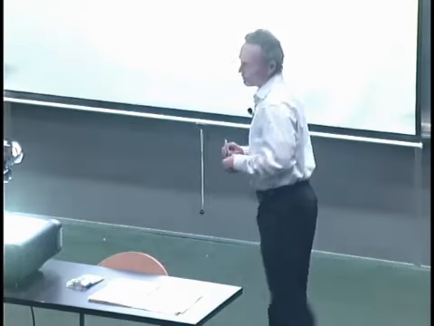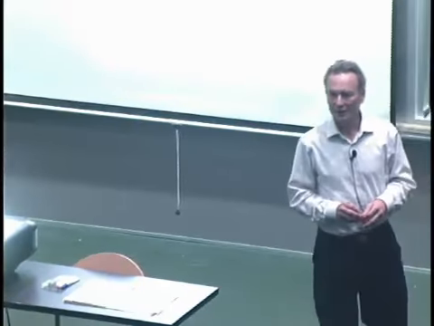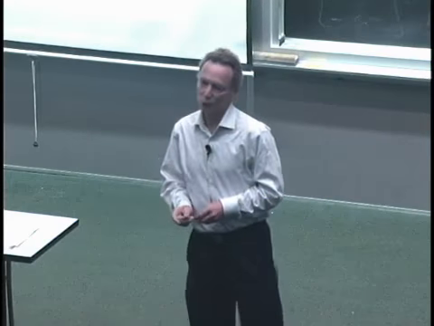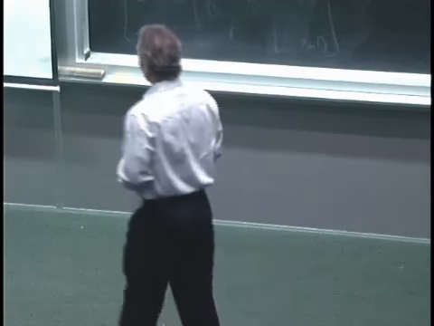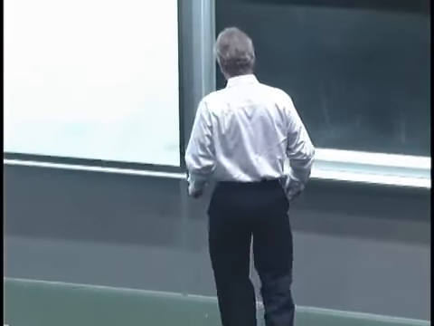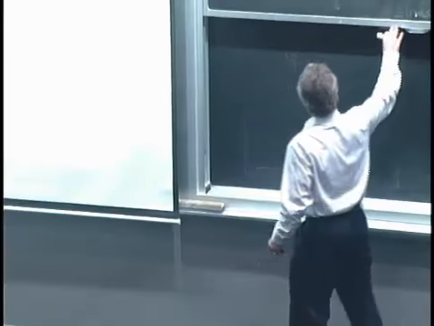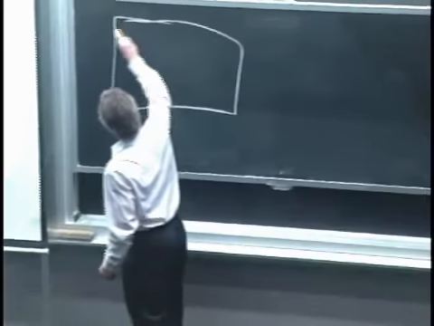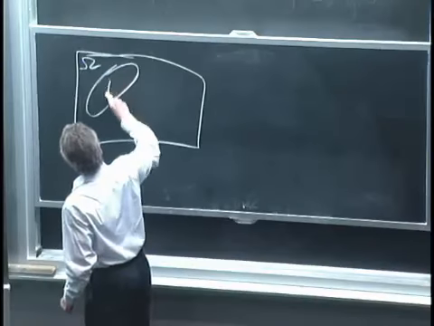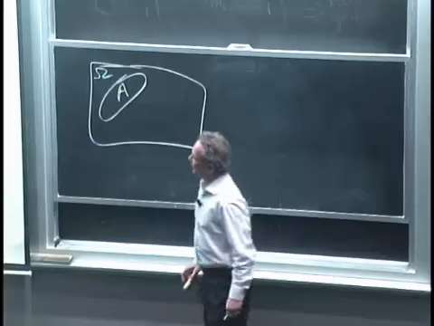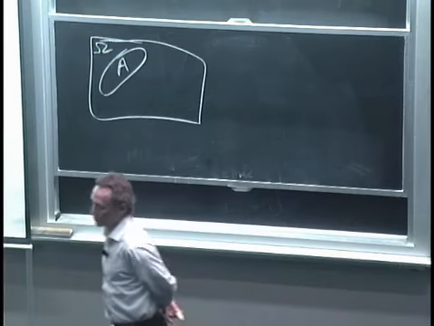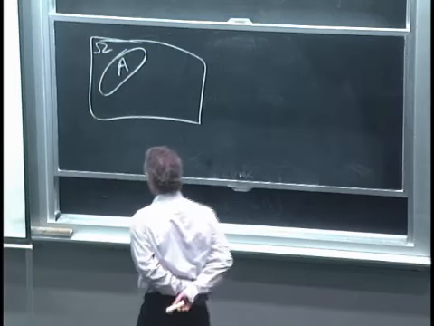Then the more interesting part is to assign probabilities to our model. That is, to make some statements about what we believe to be likely and what we believe to be unlikely. The way we do that is by assigning probabilities to subsets of the sample space. So as we have our sample space here, we may have a subset A, and we assign a number to that subset, P of A, which is the probability that this event happens.